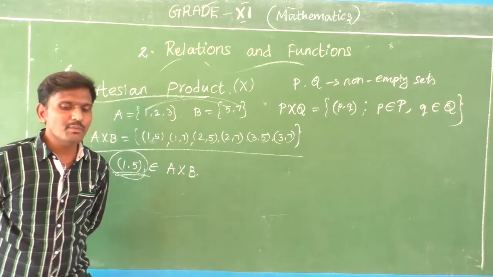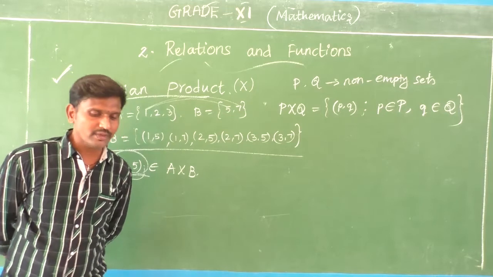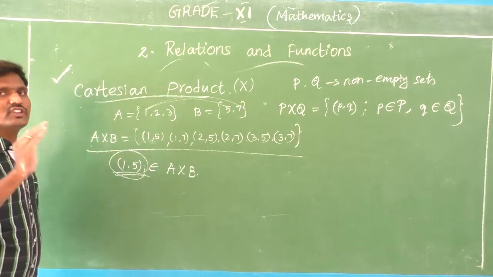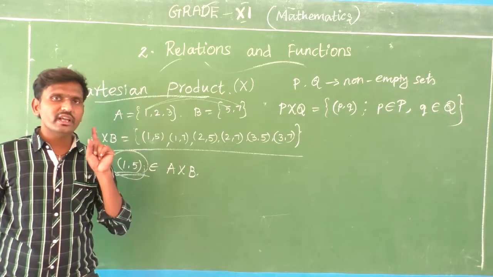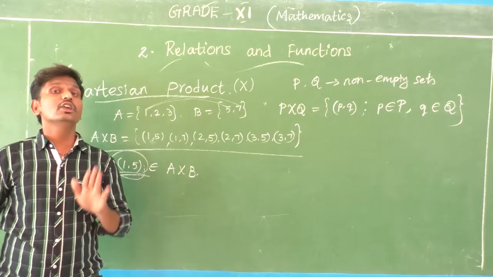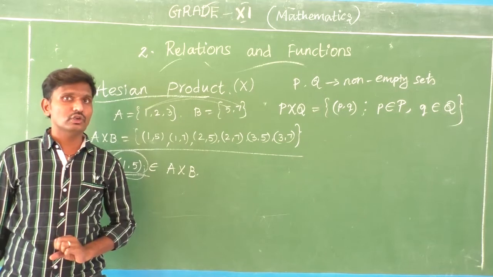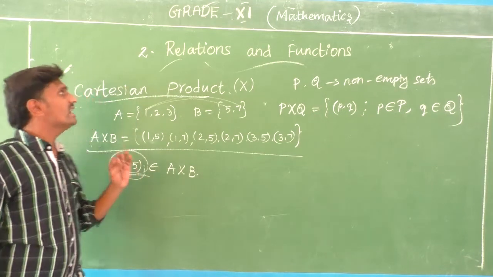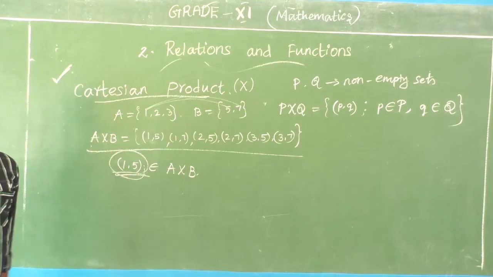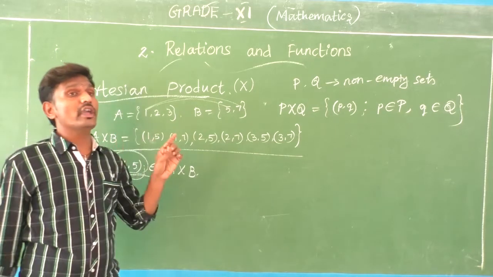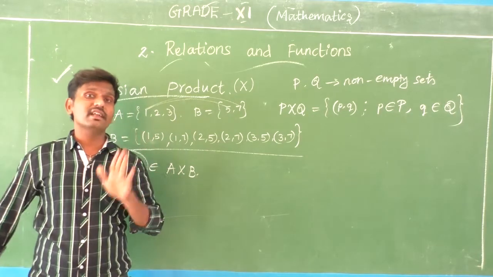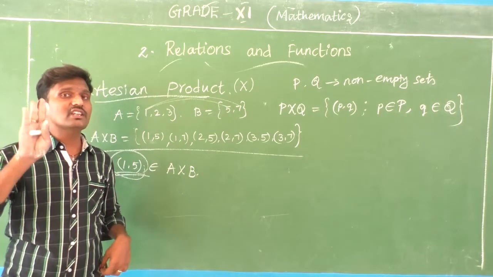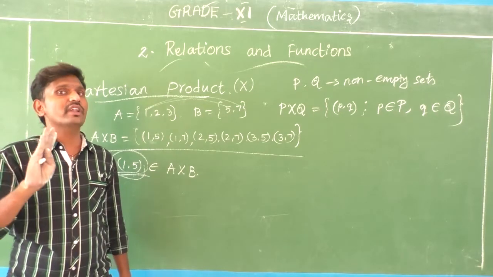See the remarks on page number 31. Before that, I want to instruct you on something. You have already completed chapter 1, set theory, in your class, yes? Next you should continue with relations and functions. Some students asked me how to maintain the class notes. Class note maintenance is very important.